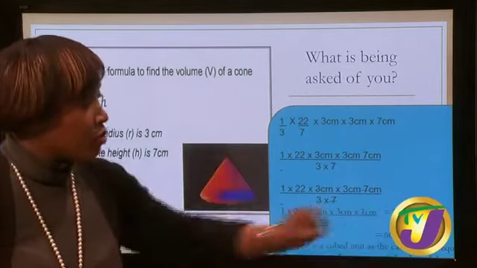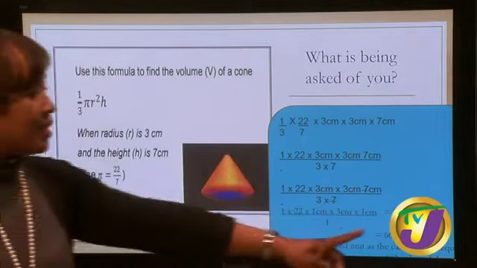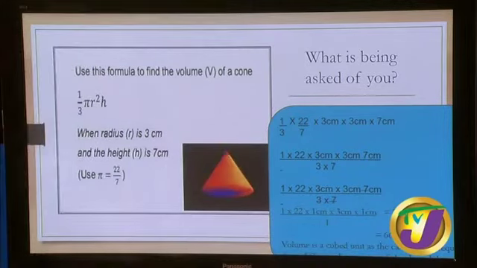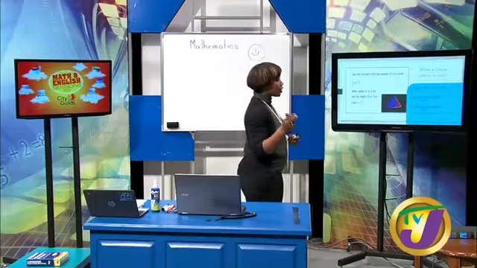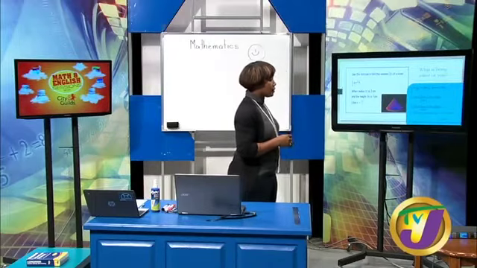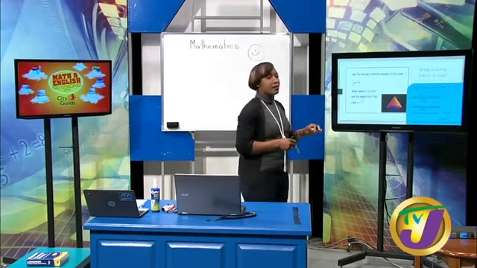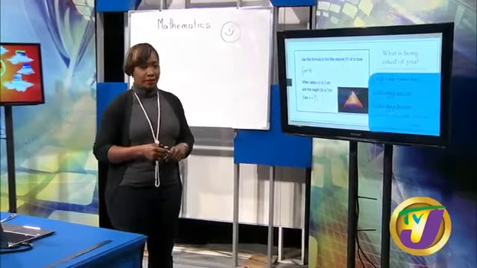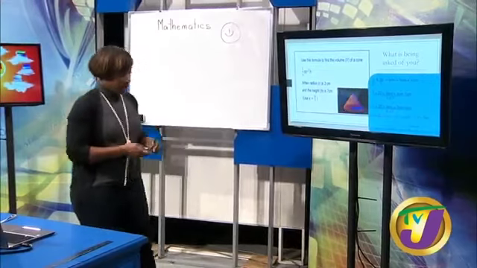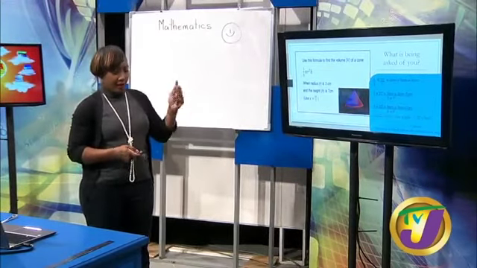So now 22 multiplied by 3 centimeter cubed gives me 66 cubic centimeter. Volume is a cubic unit, as the calculation requires 3 dimensions, and that would be your length, width, and height.